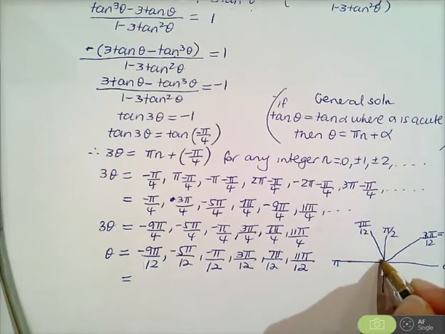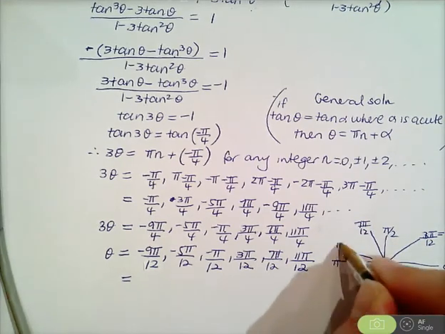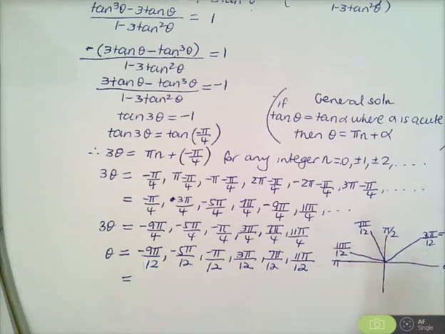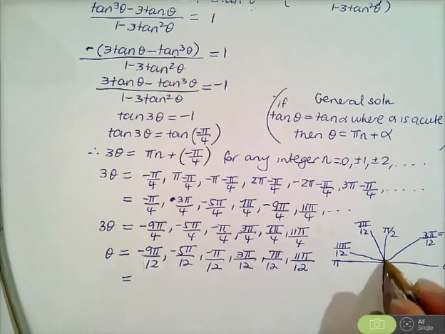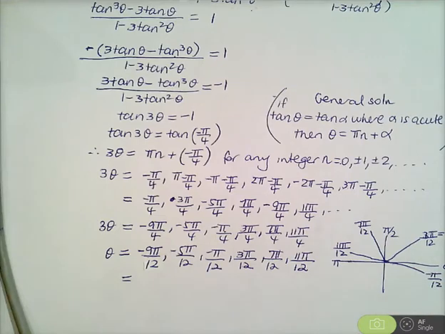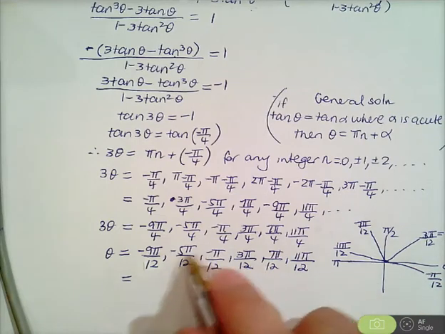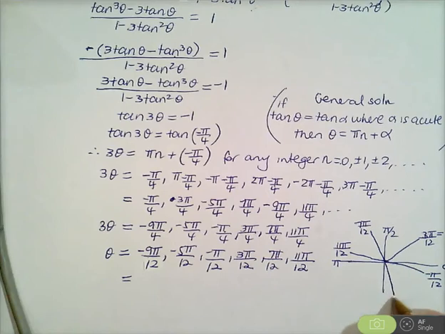And 11 pi on 12 is not quite 1 pi. And we've got minus pi on 12, which would be here. Minus 5 pi on 12 would be here. And we've got minus 9 pi on 12, which would be about there.